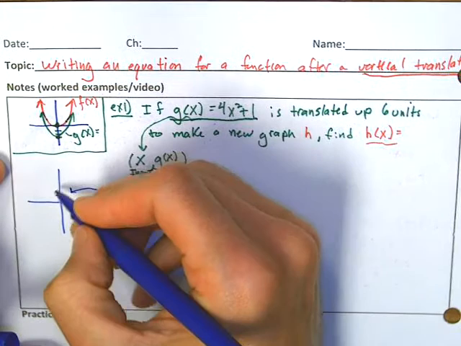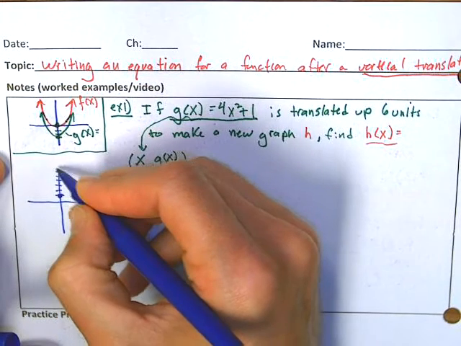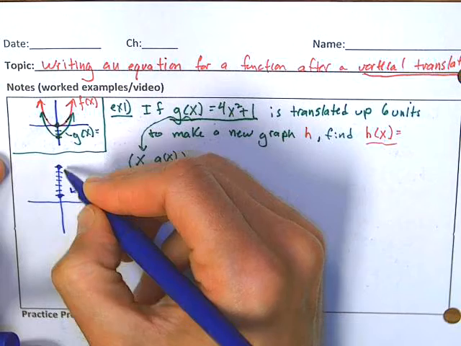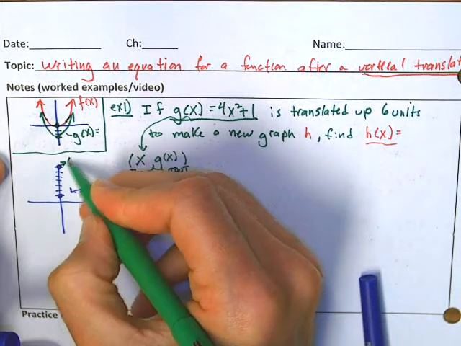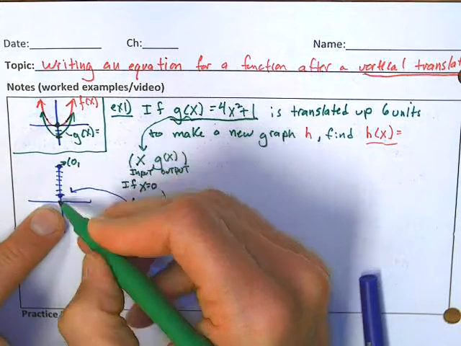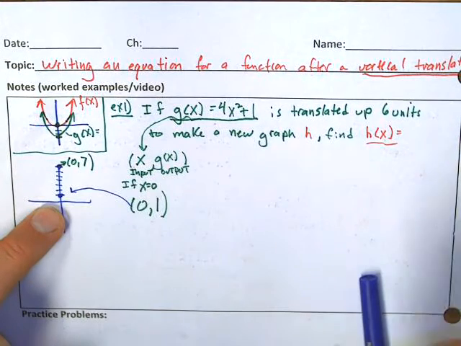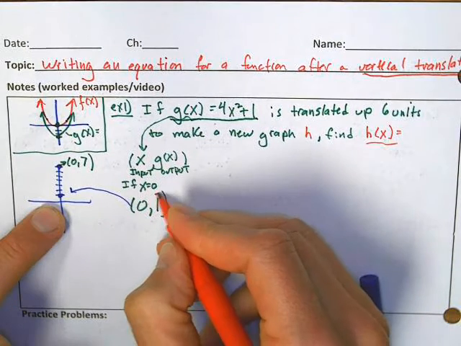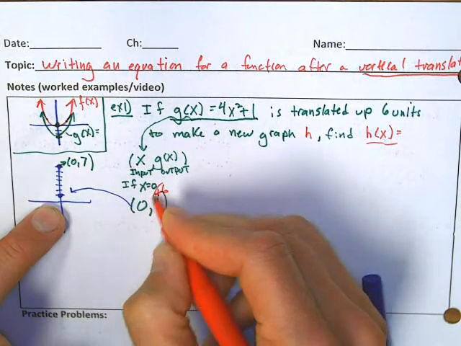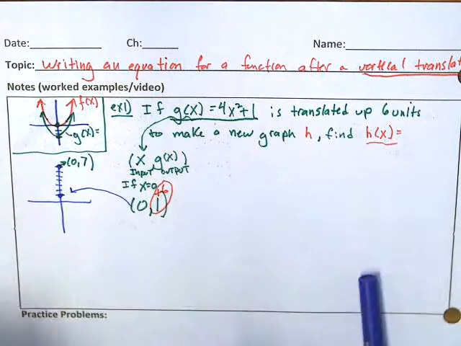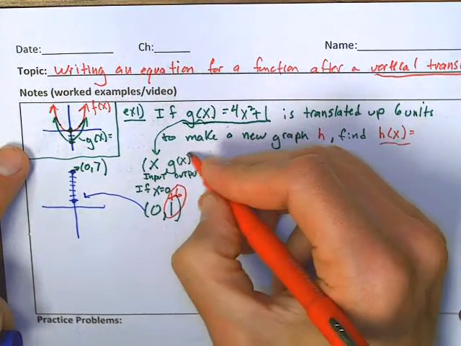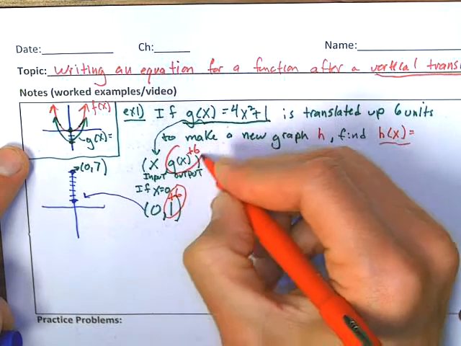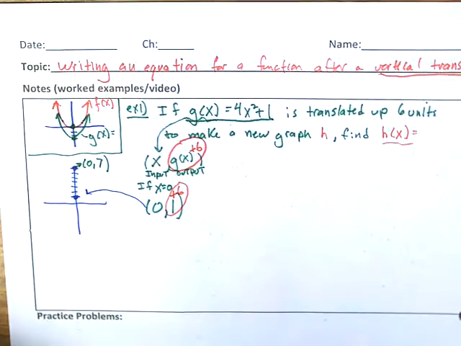I want to move that up 1, 2, 3, 4, 5, 6, right there. This new point is at 0, comma, what is that, 7. All I really needed to do to get the new coordinate was add 6 only to the y value. Well, if I want to do that for all coordinates, don't I want to add 6 to the g of x values?